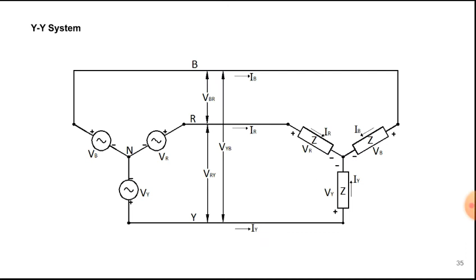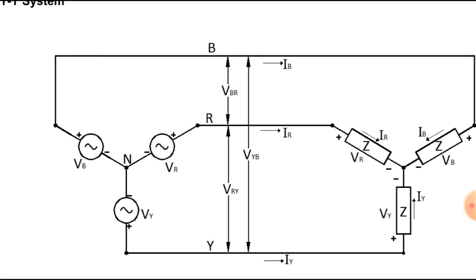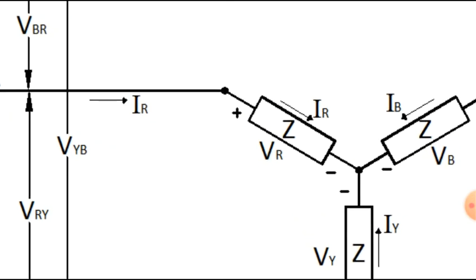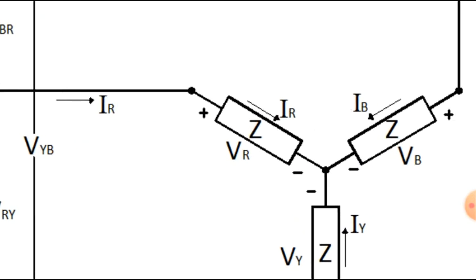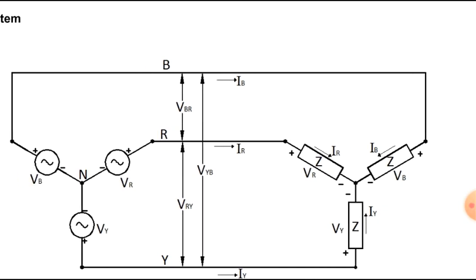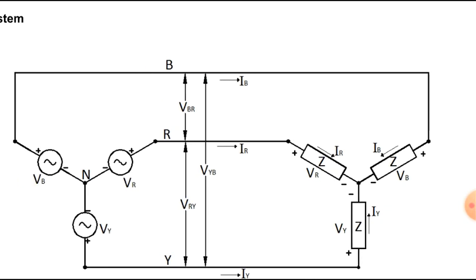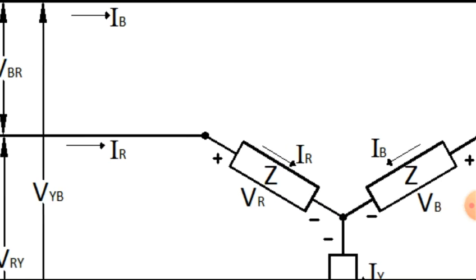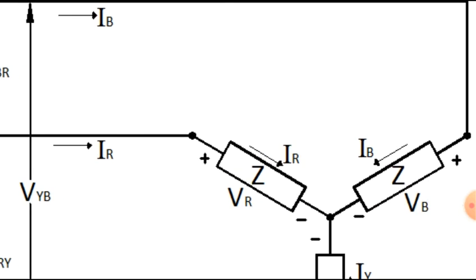So here, if we want to solve for the line currents IR, IY, IB, the line current is the same as the phase current. It's the same as the current flowing at the impedances. And also, because this is a balanced system, VR here, the voltage at Z is also VR. Why? Because it's balanced.